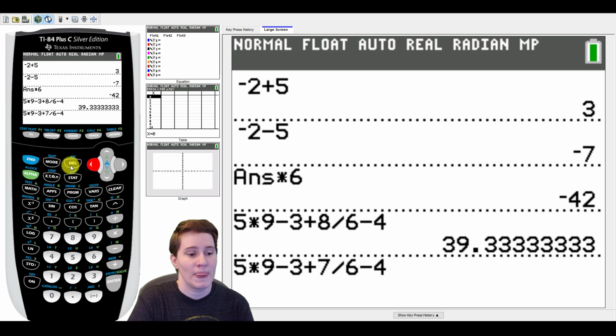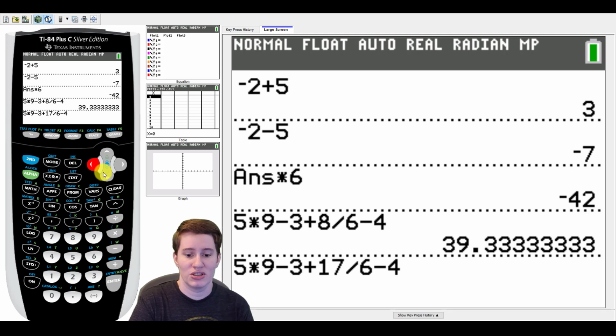DEL stands for delete. But if I press second, then I get to do whatever's in blue above it. So if I press second and delete, you can see how the cursor looks different now. Now it's going to put the 1 in front of the 7. Ta-da! So now it's a 17.